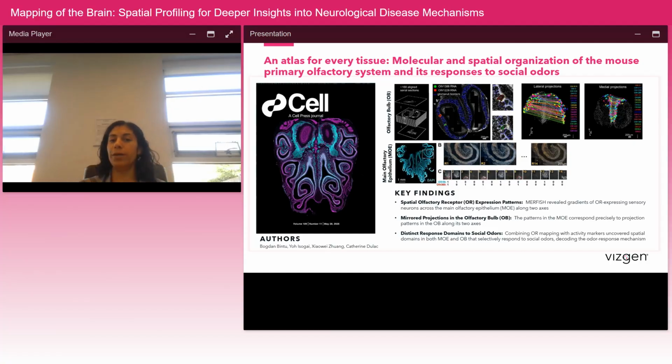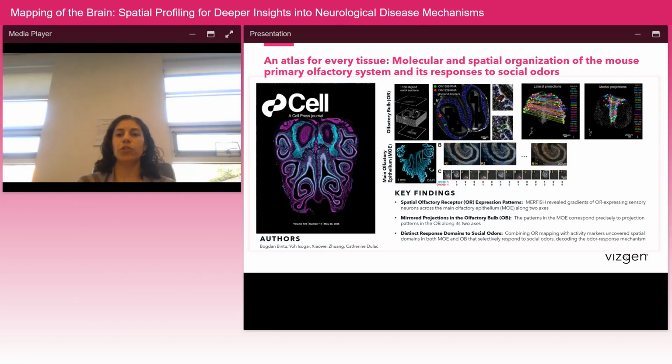In addition to whole brain mapping, now we're looking at mapping other parts of the central nervous system. So this past month, a paper was on the cover of Cell that used MERSCOPE to map the mouse olfactory receptor system. They basically did MERFISH for all of the mouse olfactory receptor genes in both the olfactory epithelium and the olfactory bulb, the structure right next to it.